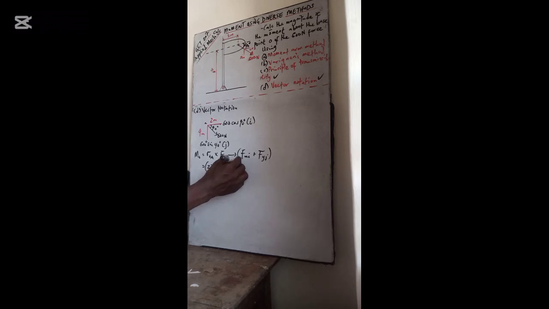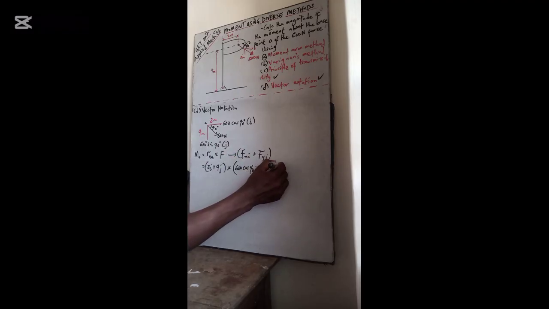So here we have cross, what's our first, to the horizontal, you have 600 cos 40i, and plus this, 600 sine 40j. Now that we have the position and force, I think we can use our determinant form to move on from here.